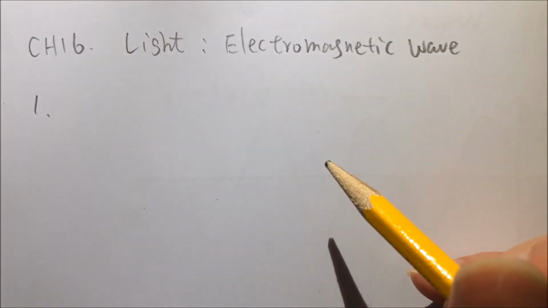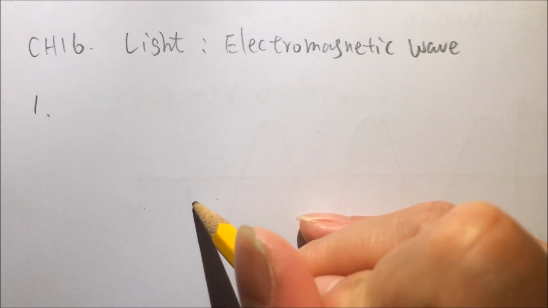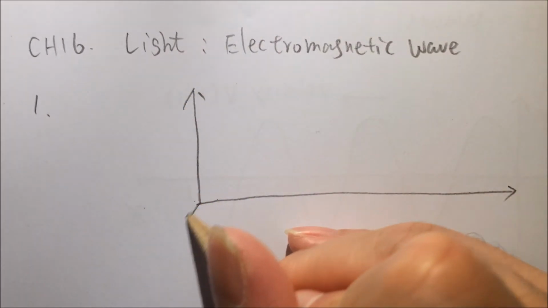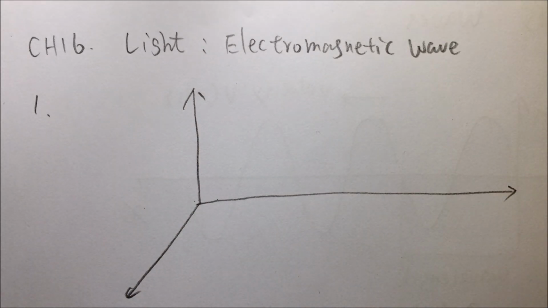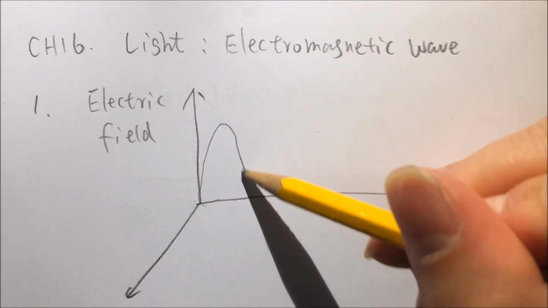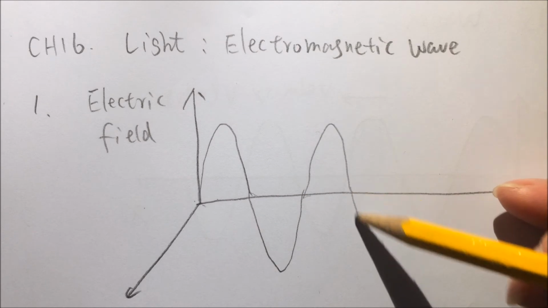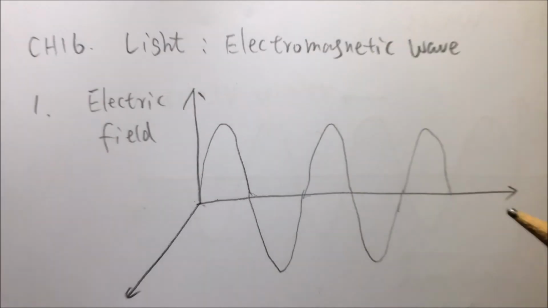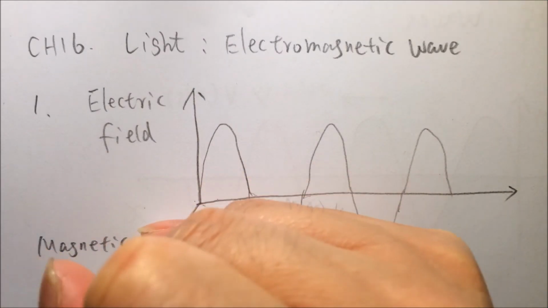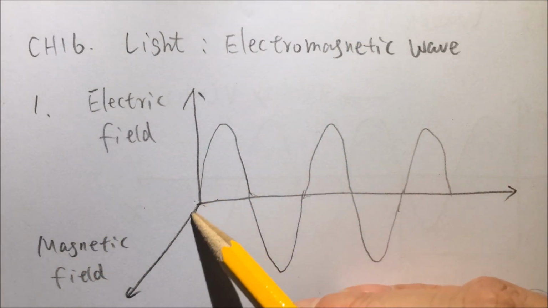First, you need to know what is vibrating in an electromagnetic wave. Suppose the wave goes this direction, and if you look at X, Y, Z three directions, you're going to find the electric field vibrating like this, and the magnetic field vibrating this direction.